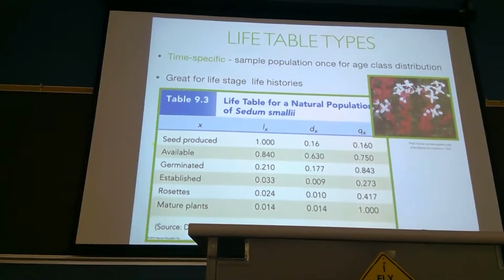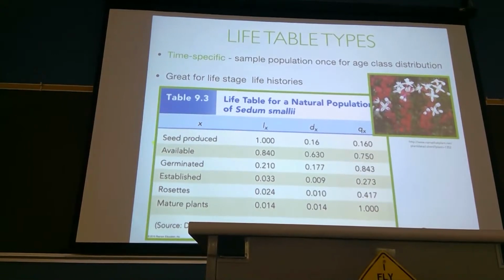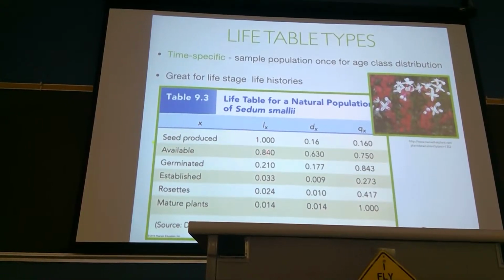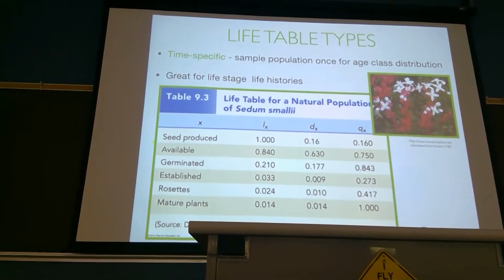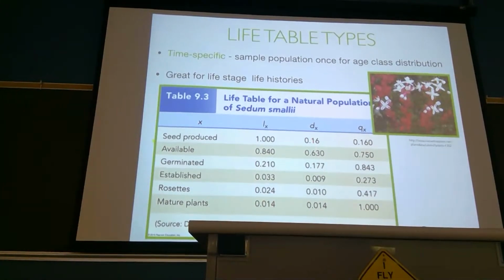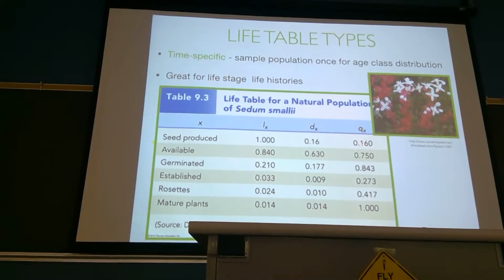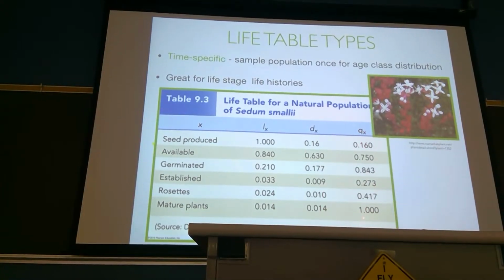Again, we're looking at data for a plant: the seeds that were actually produced, how many of them germinated, established, and how many made it to being a mature plant. We can look at survivorship and death rates in terms of percentages, and then think about age-specific mortality rates.